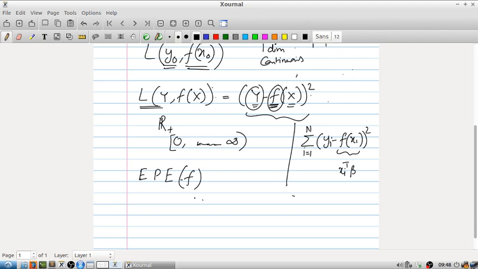But let's say we picked some f. So the expected prediction error for that would be just the expectation of y minus f of x squared. I'm going to expand what the expectation is. This expectation is over the probability of x and y.